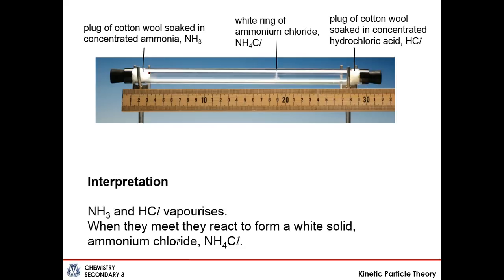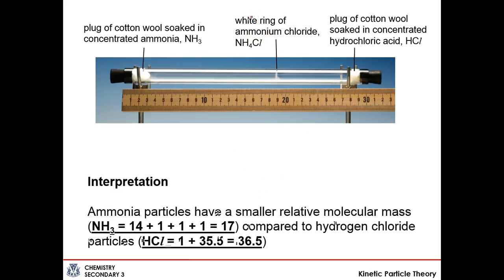So let's think through this step by step. Number 1, my concentrated NH3 and my concentrated HCl will evaporate. So when they evaporate and they react, they form my ammonium chloride. And if I were to calculate the relative molecular mass, ammonia is 17, HCl is 36.5.